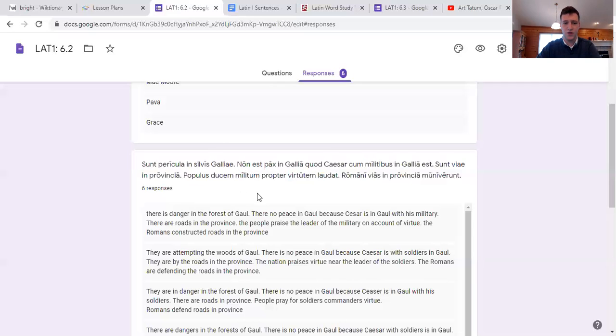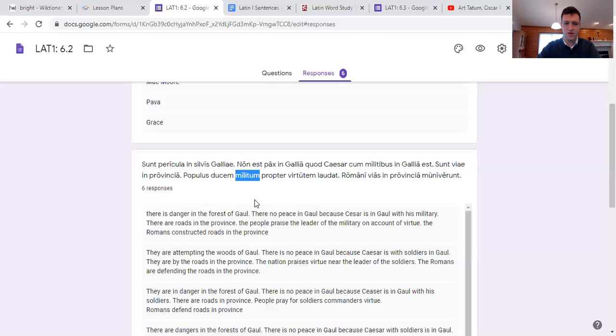Now, we have to decide which one's the direct object. Virtutem has a preposition right next to it, propter, and propter is a preposition that takes the accusative case. So I'm going to assume that propter virtutem is not the direct object. It's a prepositional phrase. We'll take ducem as the direct object. So the people praises the leader.